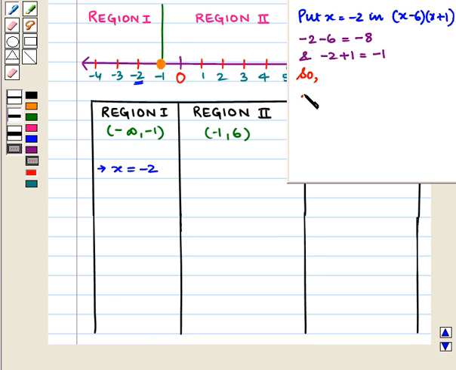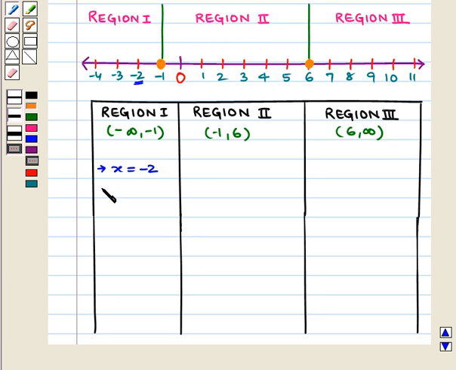sign of x - 6 is negative when we put x = -2 in this factor, and sign of x + 1 is also negative when we put x = -2 in this factor.